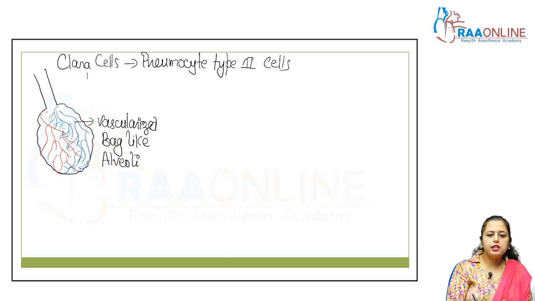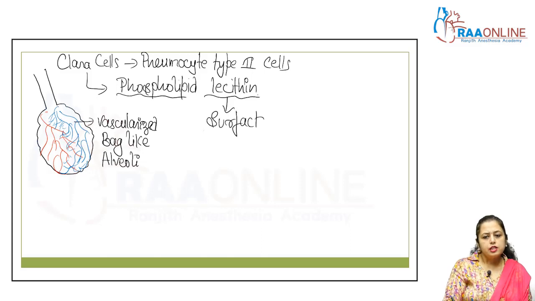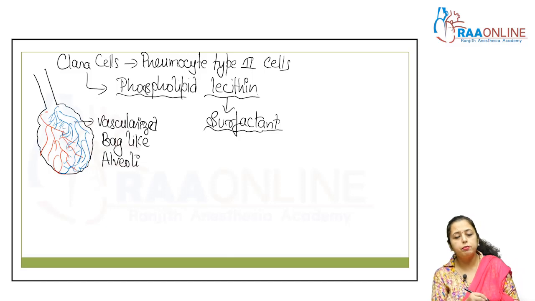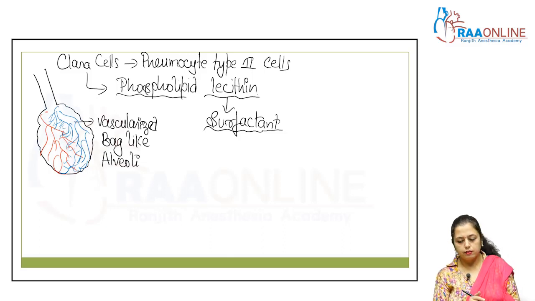And these cells secrete the phospholipid lecithin, and that phospholipid lecithin acts as a surfactant for the lung surface, and it prevents the surface from rupturing or damaging, right.